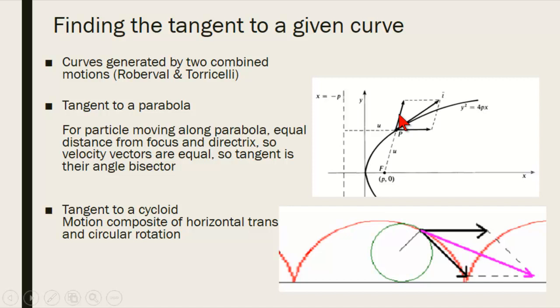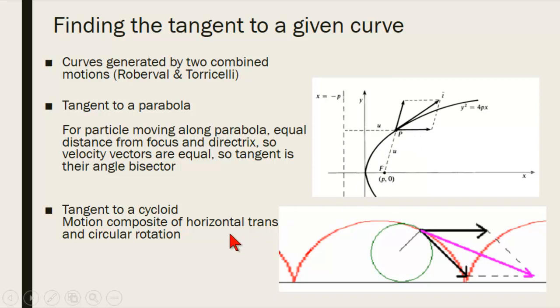That keeps those two distances equal to each other at any given time. But then that means that the tangent to this parabola can be found by taking the angle bisector of the angle between the two vectors here, which is an easy problem to do.